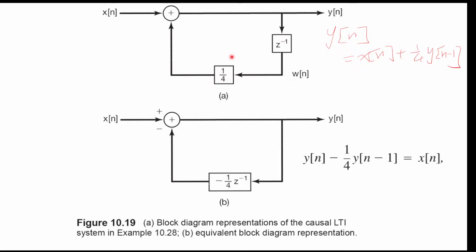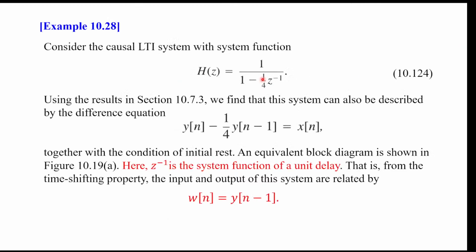And we need to talk about this z to the minus 1. So z to the minus 1 means the system function of a unit time delay, as we say. And I guess this is z to the minus 1 because we are writing in the z domain.